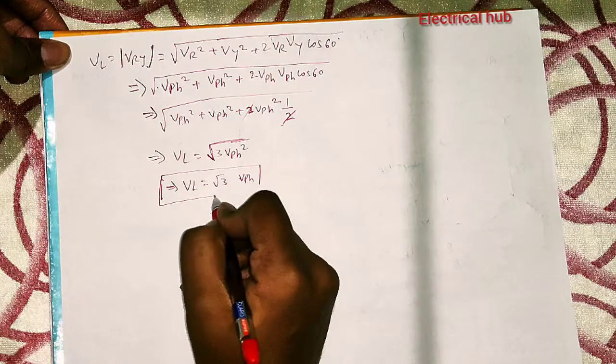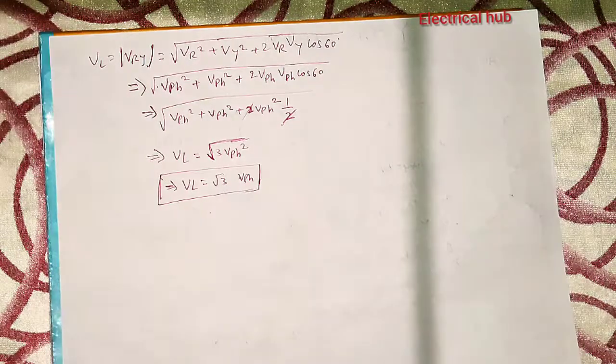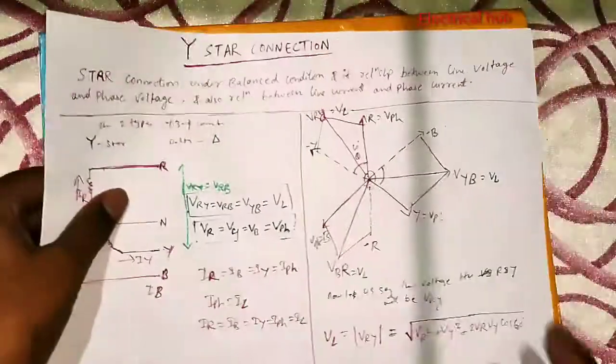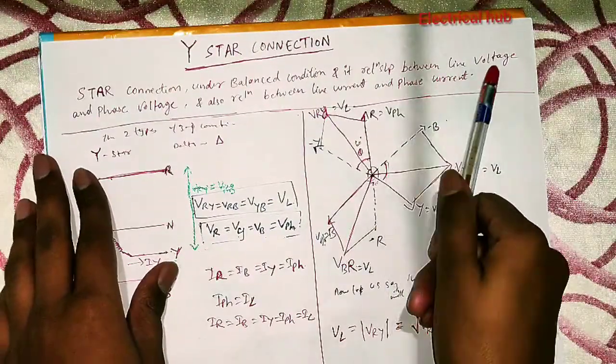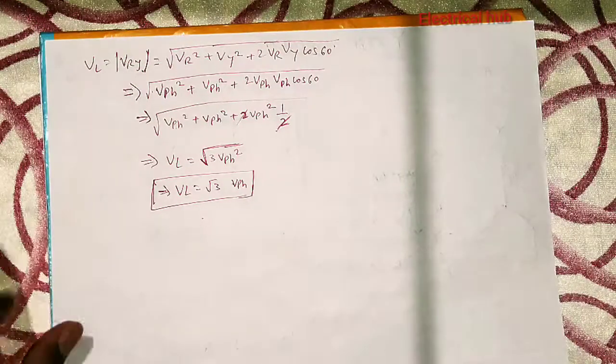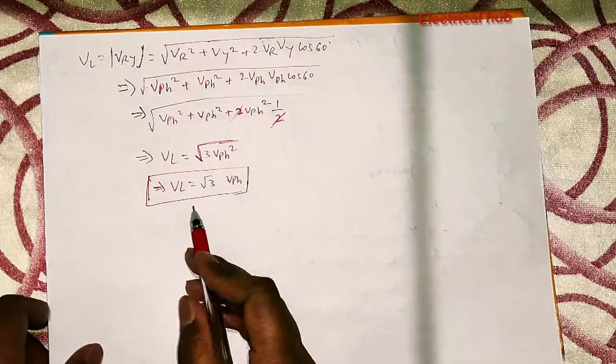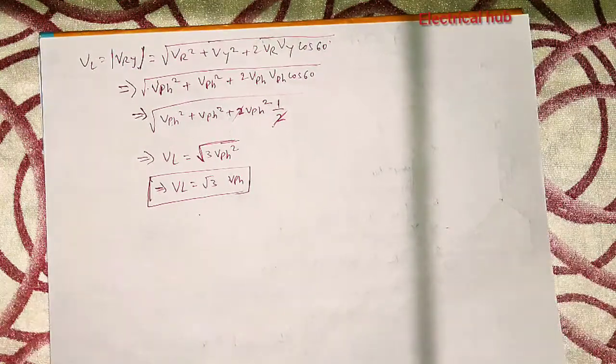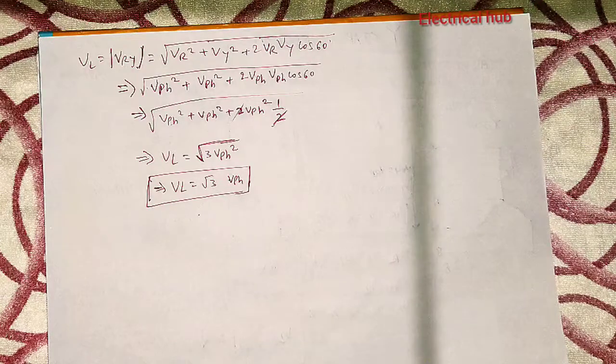This is the exact relation asked in the question: write the relationship between line voltage and phase voltage. So if we define it, the line voltage is equal to root 3 times the phase voltage. This is the required relation between line voltage and phase voltage.